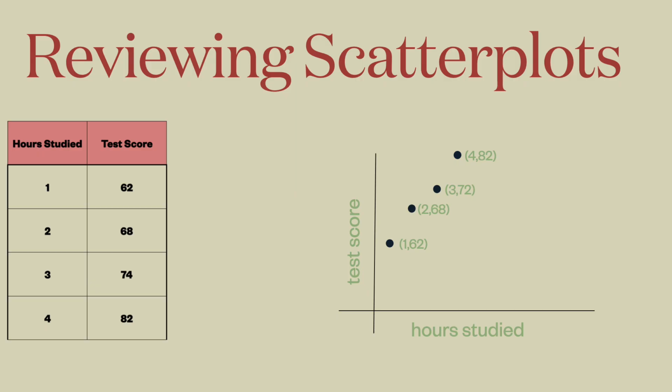And this upward trend shows a relationship between the variables. And in statistics, we call this an association. And an association describes the relationship between two variables.